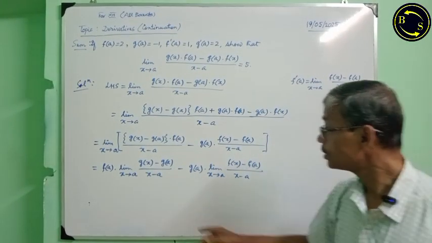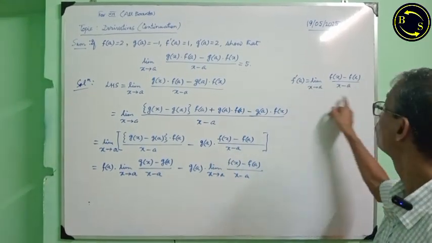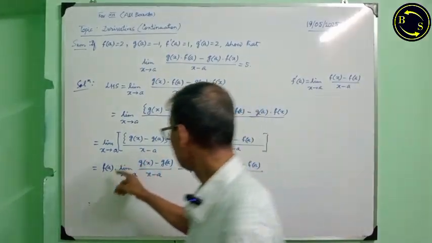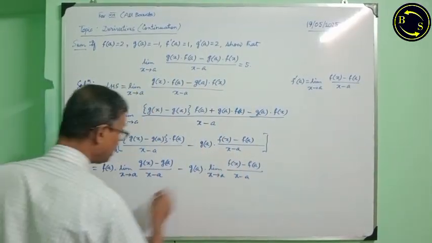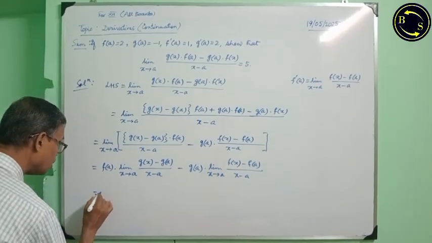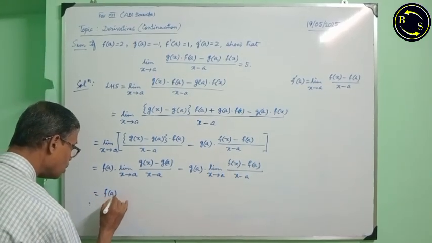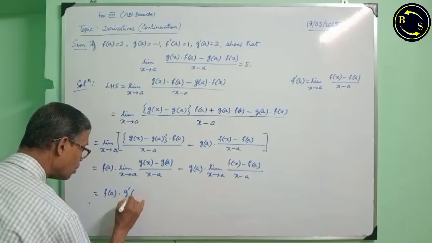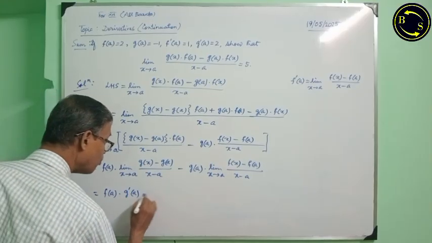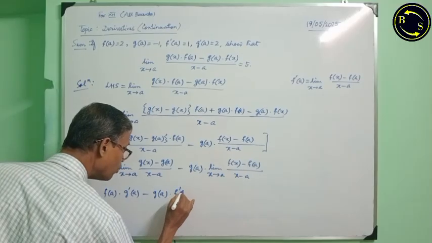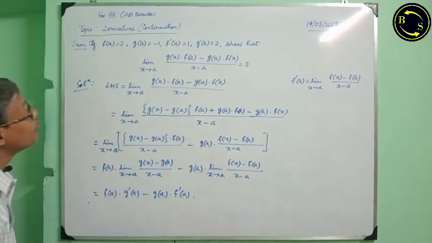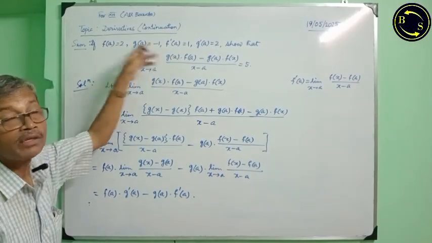Now in both the cases we are getting this form. This will be equal to g dash a, and this will be equal to f dash a. Now we put the values already given.